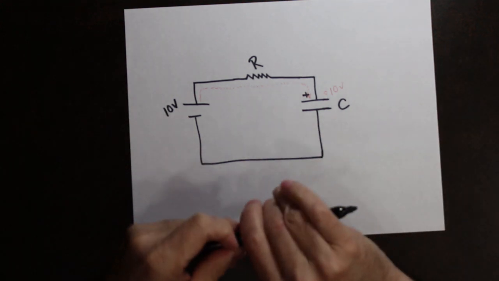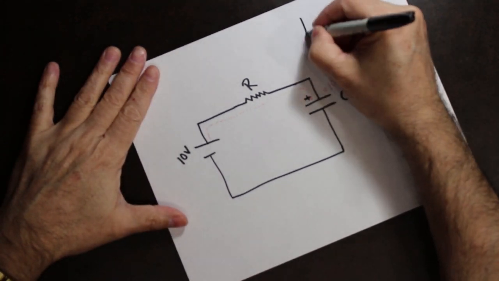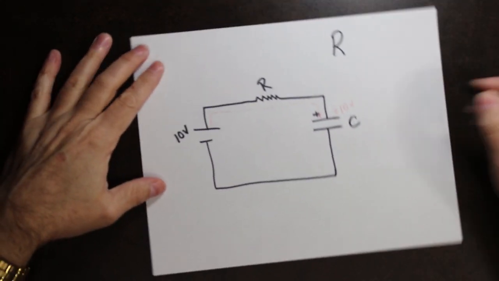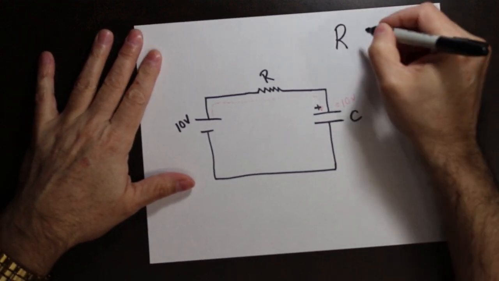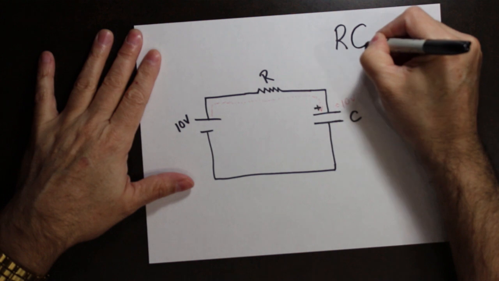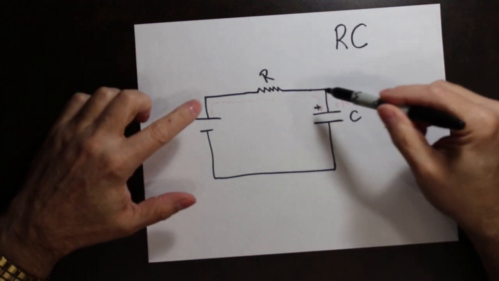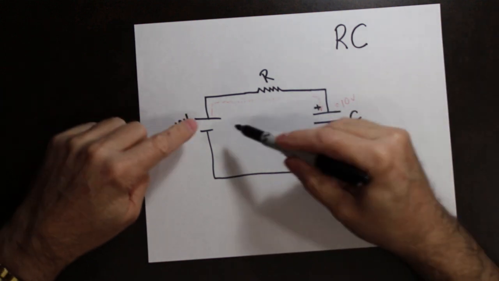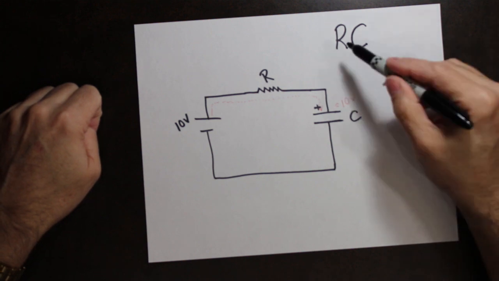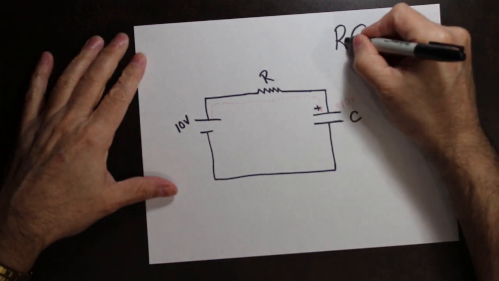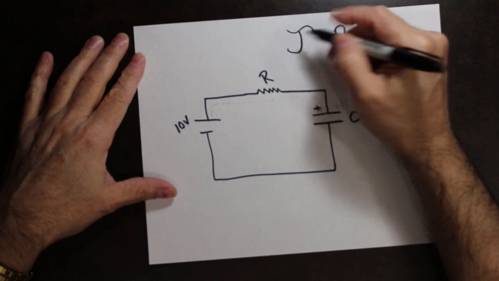So what we have is R, so the resistance has a factor, and the capacitance plays a factor in how we actually charge up, or how much time it takes to fill this bucket. R times C is what's known as tau.